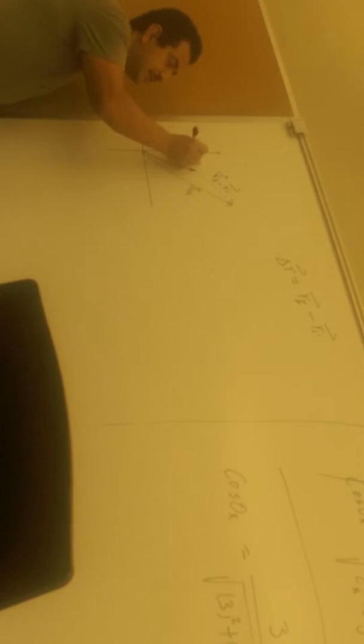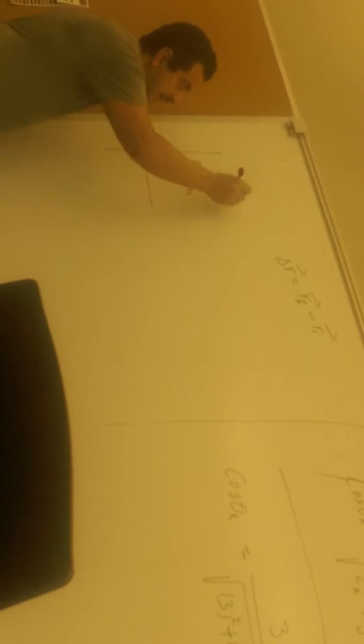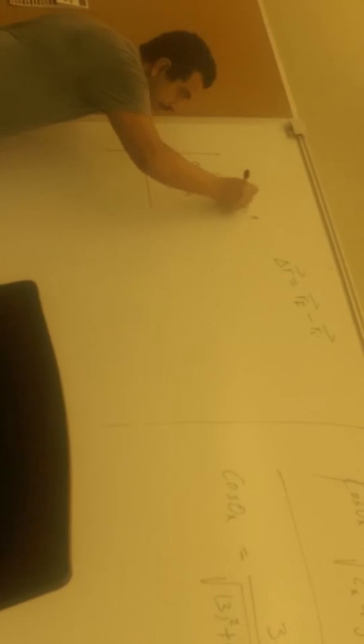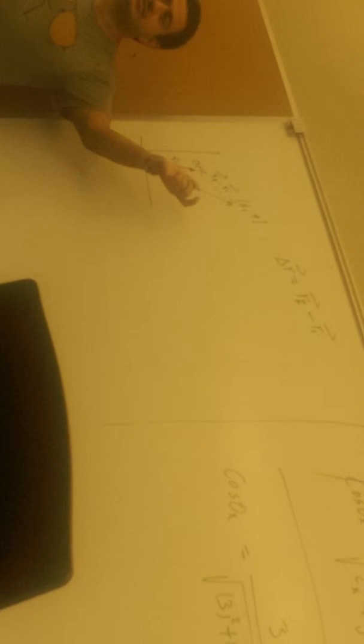I'm moving in 2 dimensions because here, let's assume my x location was 3 and 4. Here it's 6 and 9. Did I move in the x direction? Did my x value change? Yes.